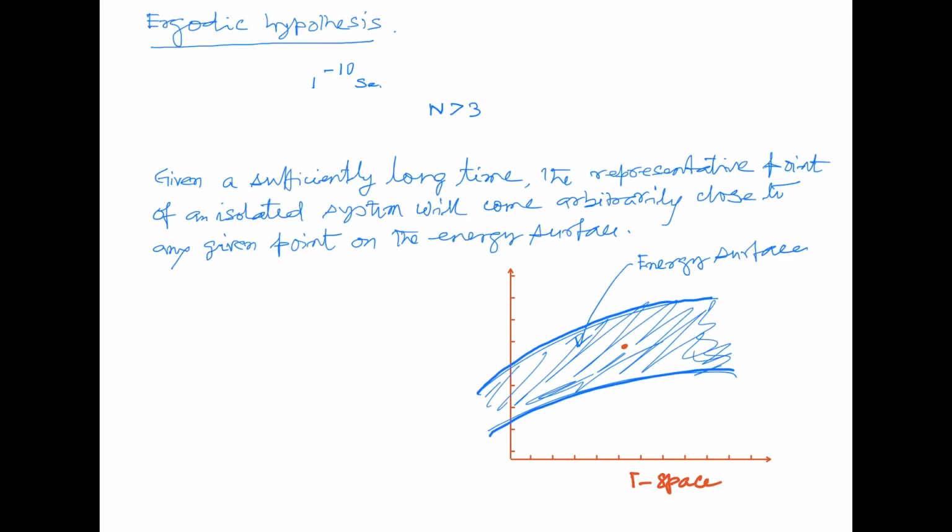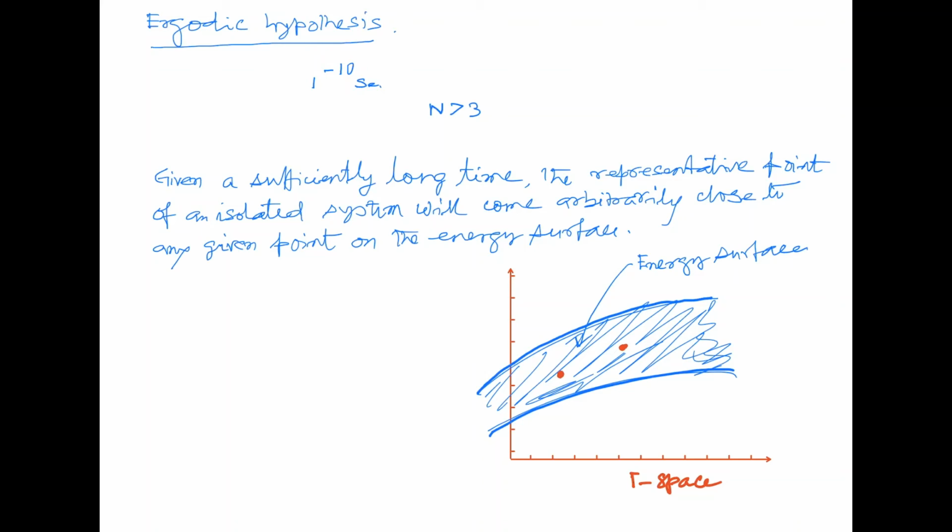And as we have mentioned earlier, from equal a priori probability, each microstate is equally probable, or equally available, for a system, which means the probability of the system being found in any of the allowed microstates is the same. So when the representative point is making a random walk on the energy surface and we give it sufficiently long time to observe, the system will come very close to this point, or any point you choose.